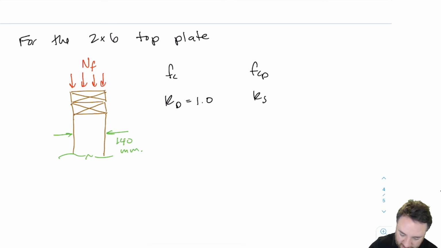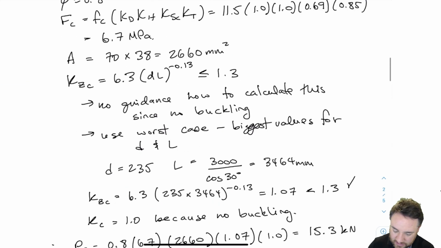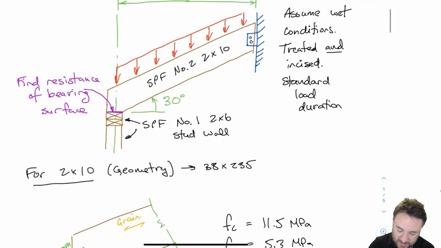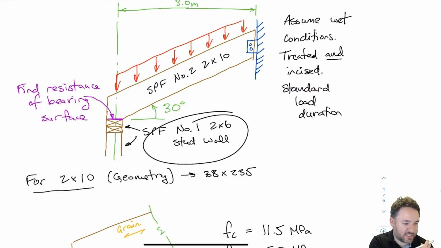We need KSC, we need KSCP, KH we know is equal to 1.0, and KT. Now, in this case, our 2x6 for the stud wall is this one here. It's a 2x6 SPF number 1.